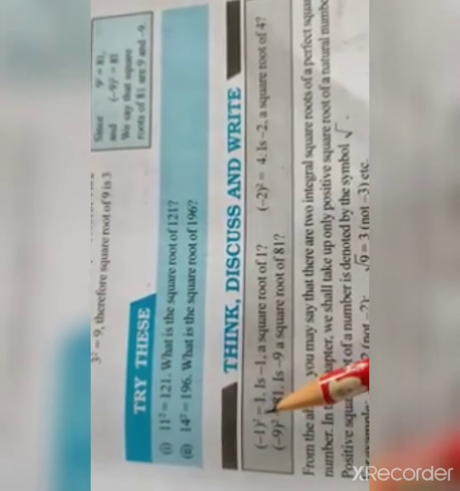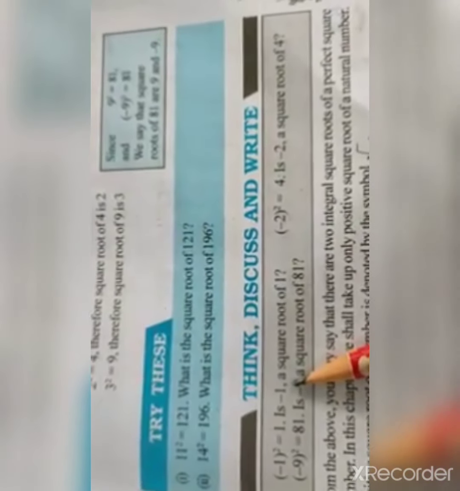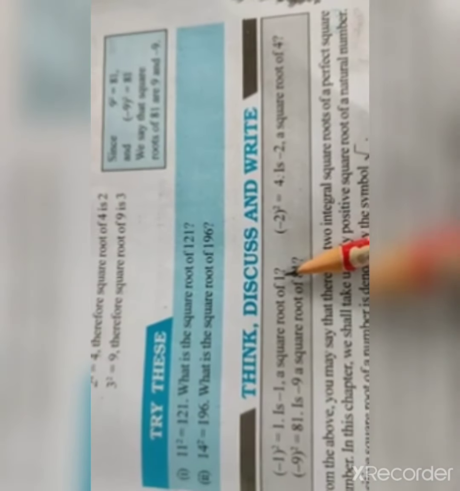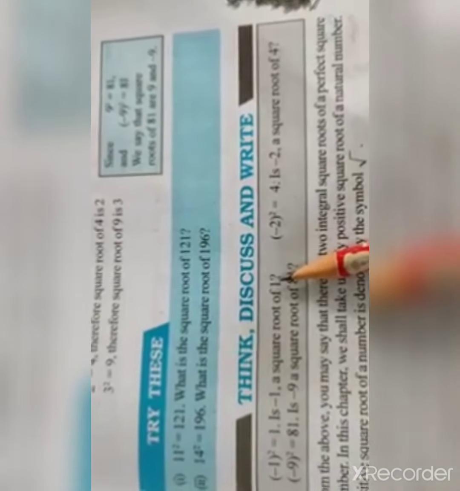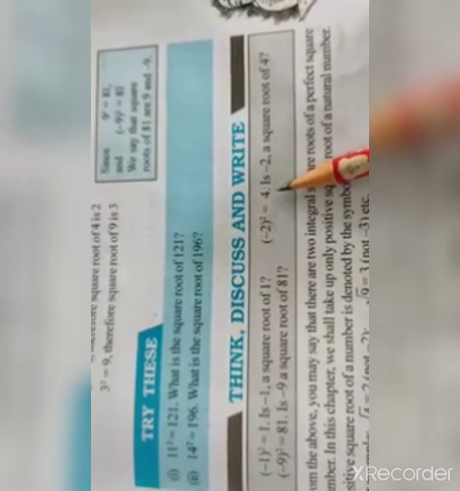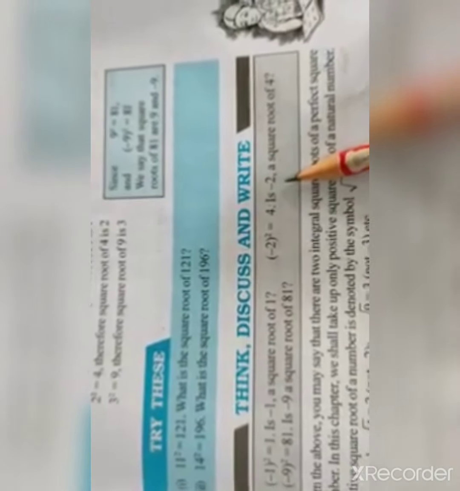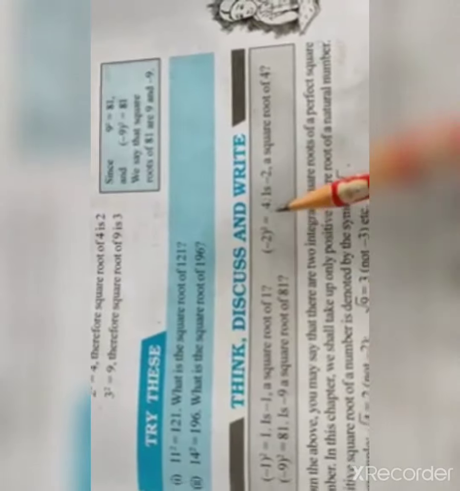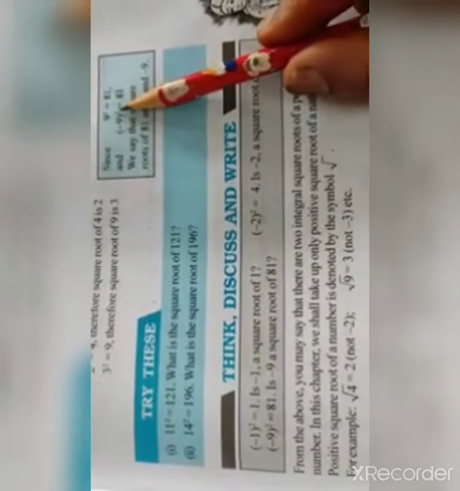Minus 1 square is equal to 1, so is minus 1 a square root of 1? Yes, maybe. Minus 2 square is equal to 4, so minus 2 also may be the square root of 4. Minus 9 square, you can see here, 81, so minus 9 also may be the square root of 81.